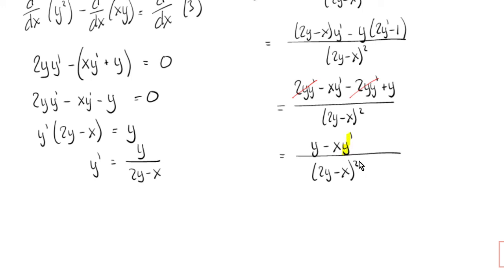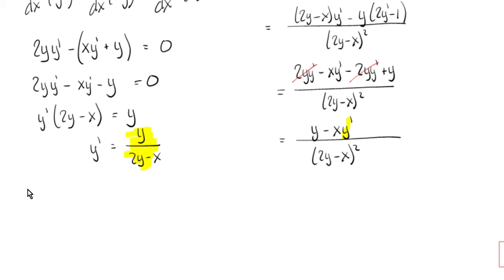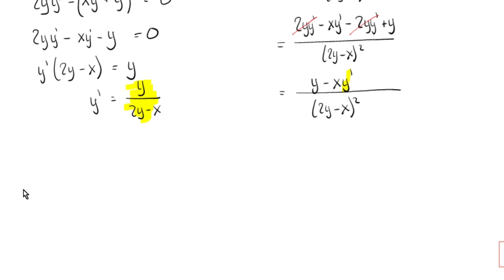We know what y prime is, the first derivative of y. It's this. So we are going to substitute it in, replacing y prime with the first derivative of y. So this is going to be our second derivative. In the numerator, we now have y minus x times y over 2y minus x, and the denominator stays the same.